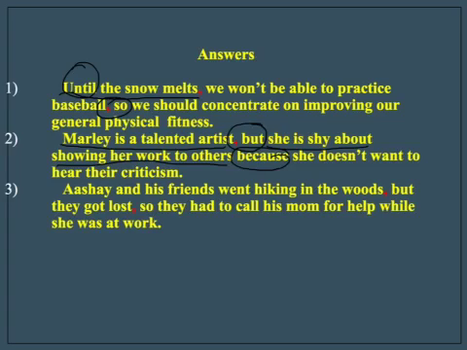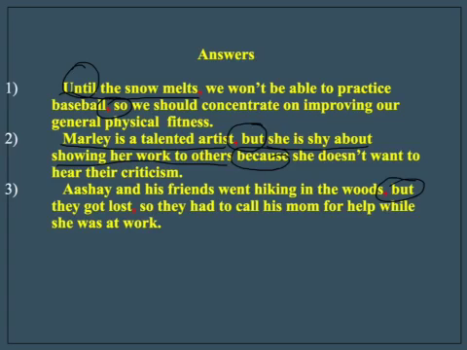Our last example, Ashe and his friends went hiking in the woods, but they got lost, so they had to call his mom for help while she was at work, has more than 2 independent and 2 dependent clauses. You've got Ashe and his friends went hiking in the woods. This is an independent clause. It can stand on its own. It's connected to the next independent clause, they got lost, with the comma and the fanboys conjunction but.